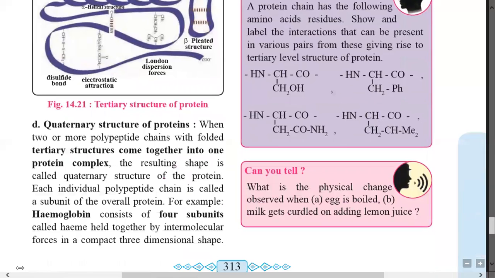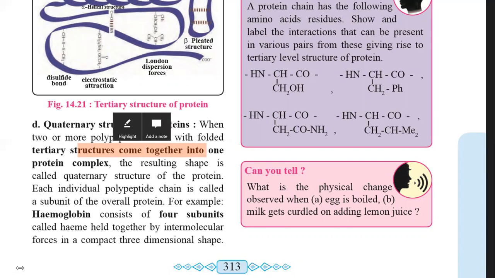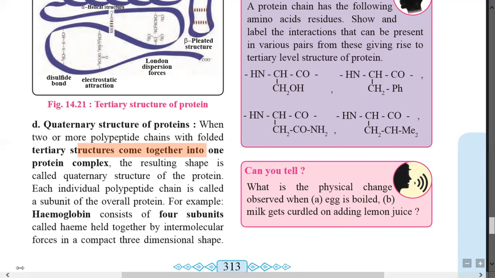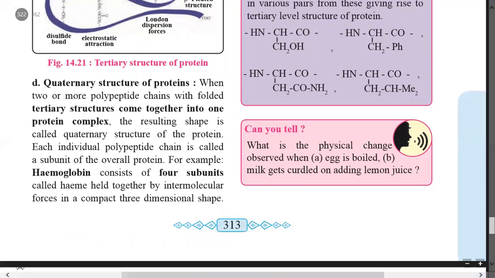Then the fourth type of structure present in protein is the quaternary structure of protein. When two or more polypeptide chains folded with tertiary structures come together into one protein complex, this results in the quaternary structure of protein.